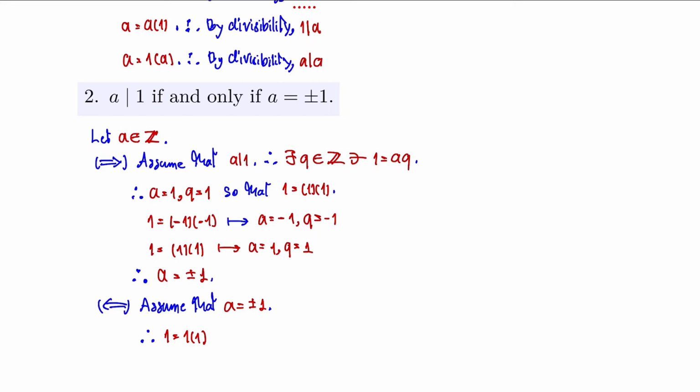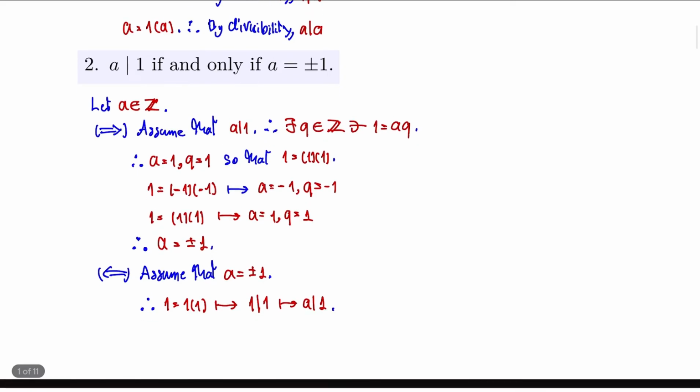So what can we do with this? We have to show that a divides 1. So we have 1 divides 1, right? And a is 1, so we have a divides 1.